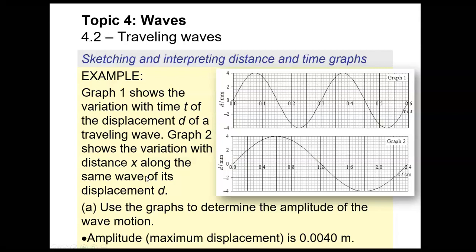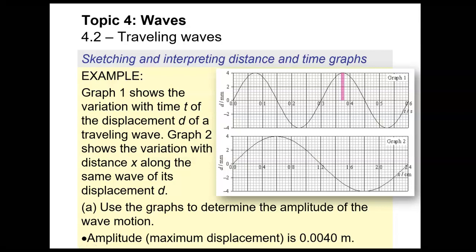Depending on how the question was worded, you might need to convert that to meters. If it doesn't say you need to convert, then 4 millimeters is probably fine, but be very aware of the units on your graphs. So 4 millimeters or 0.004 meters, either would be acceptable.